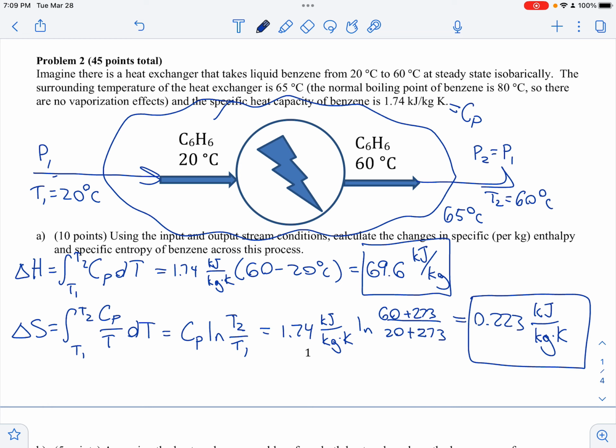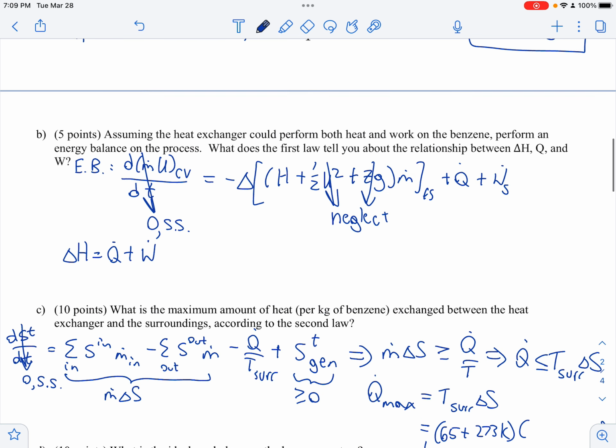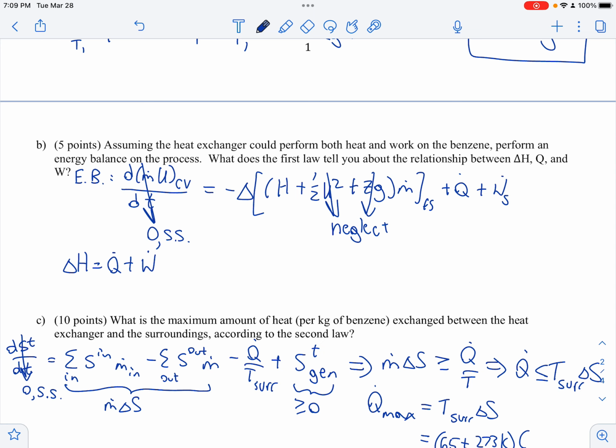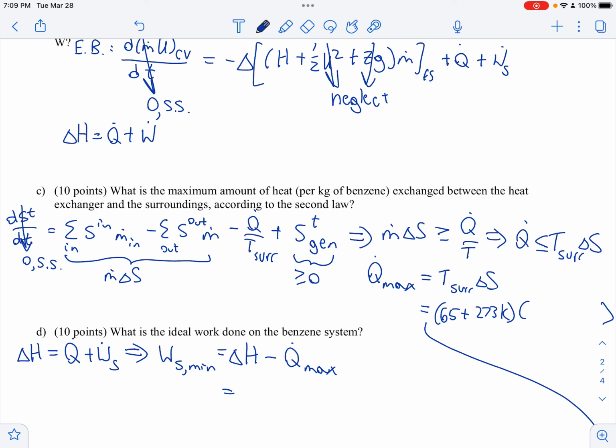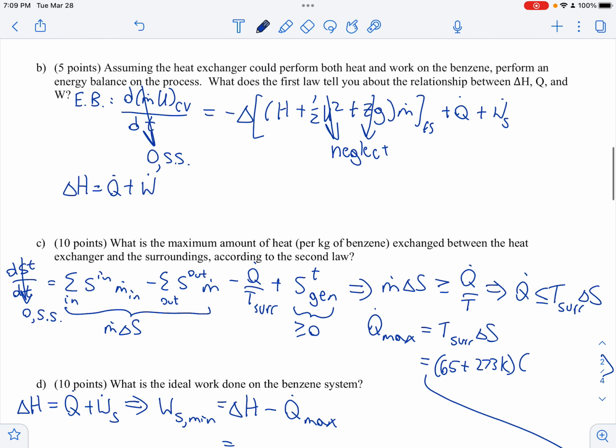Okay, remember that there are some dependencies. So later problems, okay, part B did not ask us to calculate anything. And let's see, okay, part C, we needed the delta S, which we just calculated.